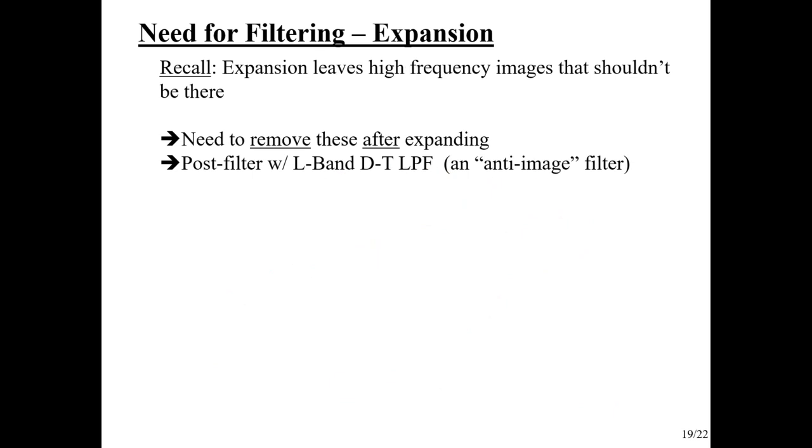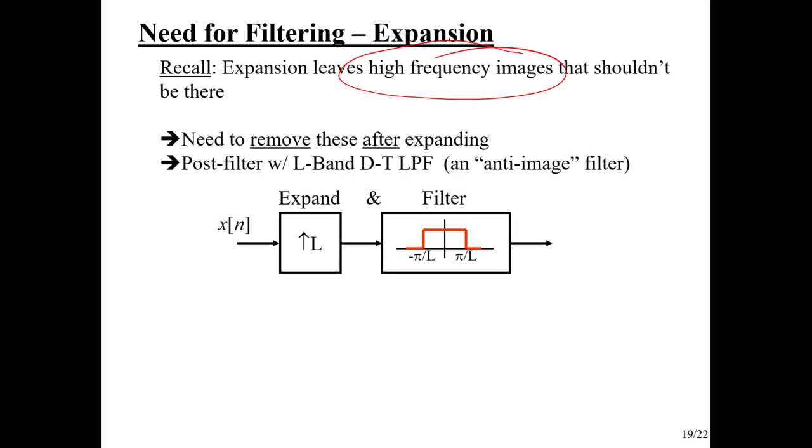I've already given away the idea of needing filtering for expansion. We had those images. We got those high frequency image spectra that are in there, and we need to get rid of them. And so I alluded to the fact of using a low pass filter to get rid of them. So that's what we can do. We expand.